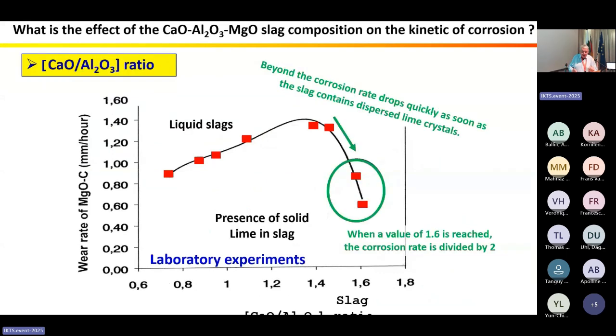Then, beyond, the corrosion rate drops quickly as soon as the slag contains dispersed lime crystals. Once the value of 1.6 is reached, the corrosion rate is divided by 2. That means that at the laboratory level, we have key factors to limit the corrosion of magnesia graphite by improving the control of the composition of the slag.